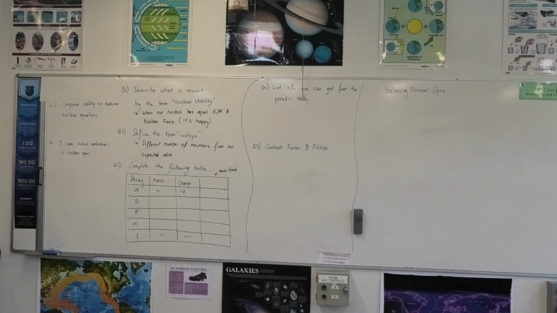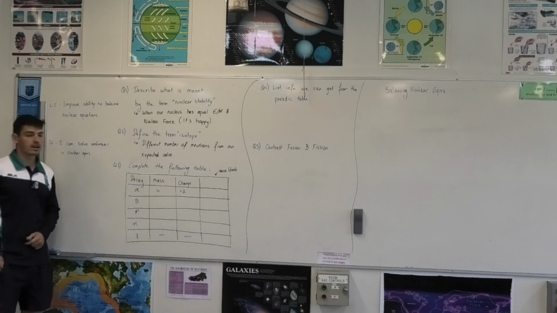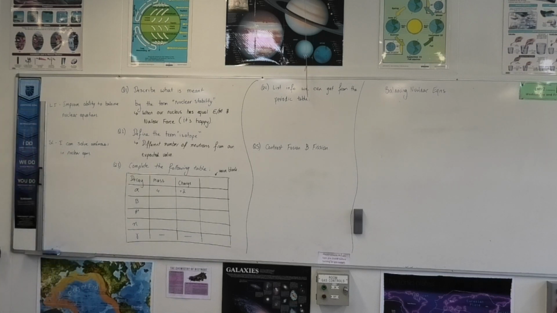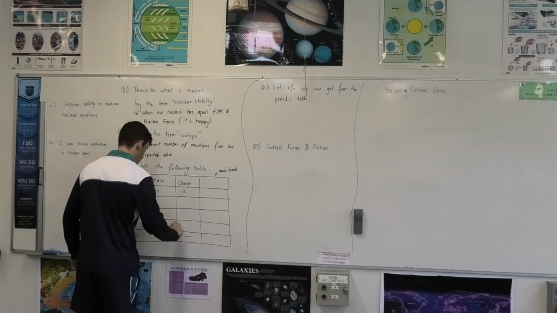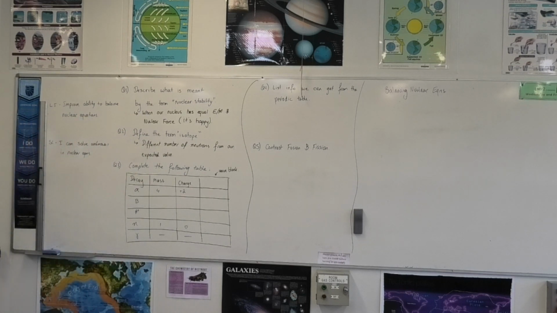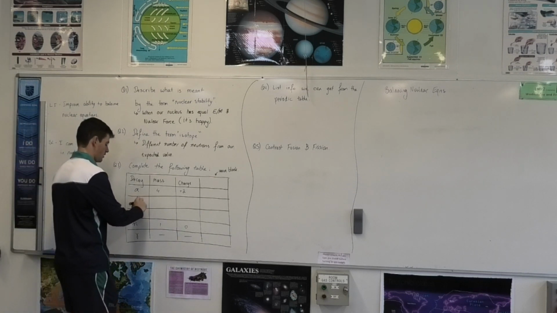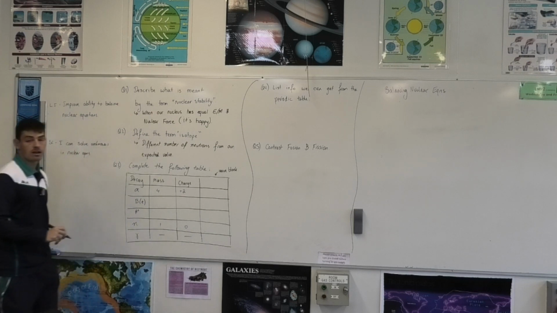So who would like to venture a guess as to what's going on with the rest of these? Let's start with neutron decay because we're all pretty familiar with our neutrons. What's the mass of a neutron? 1. What's the charge? 0. Okay, beta decay. What's another? Do we know what we call beta decay? What is beta decay? It's an electron.